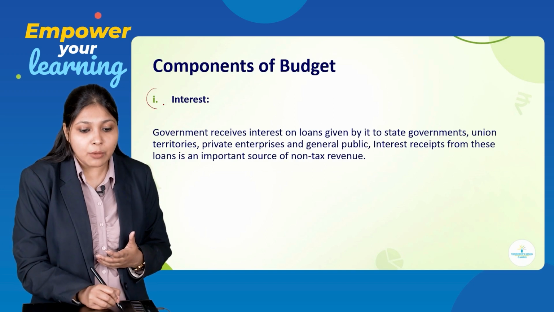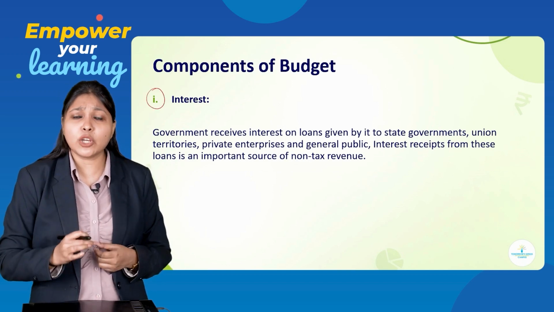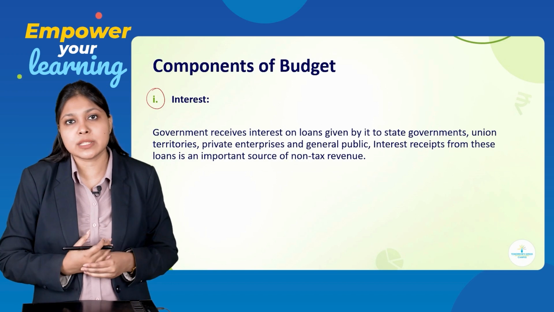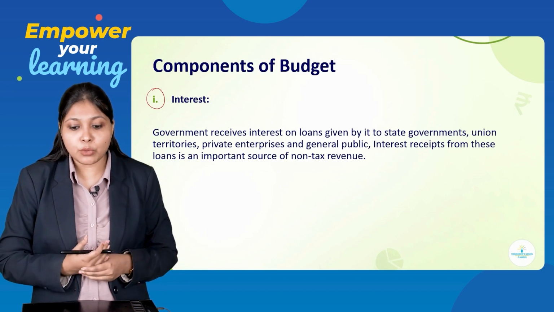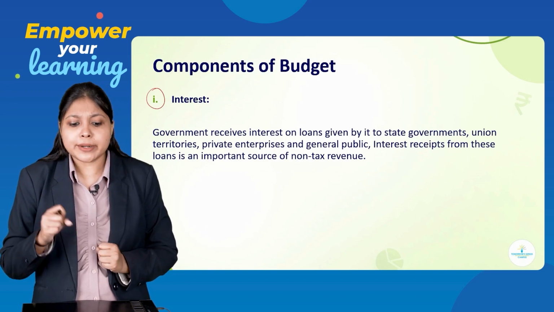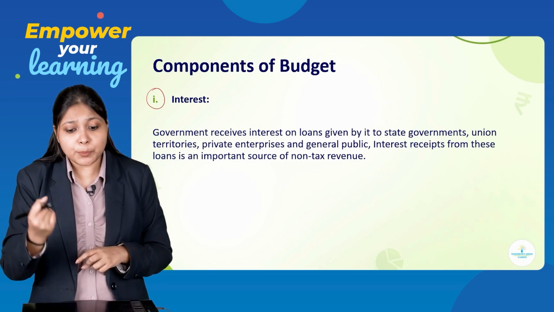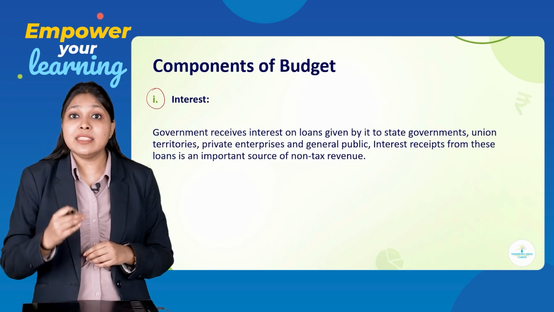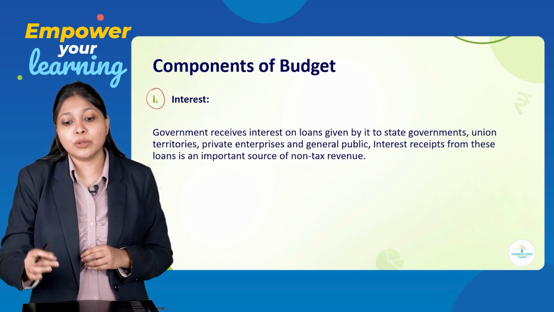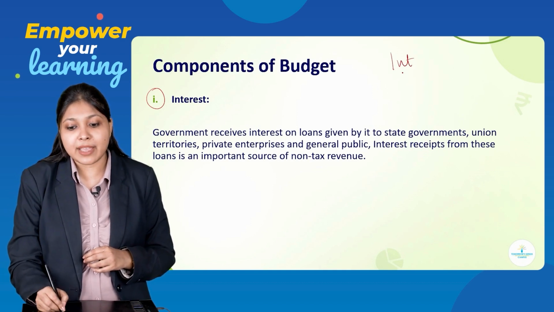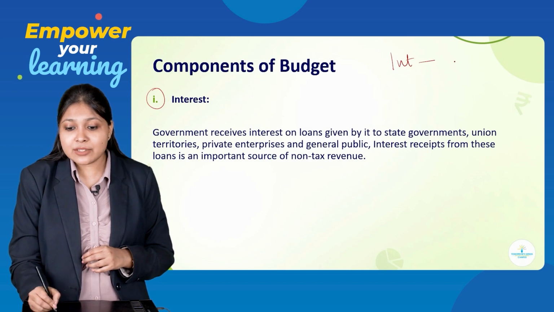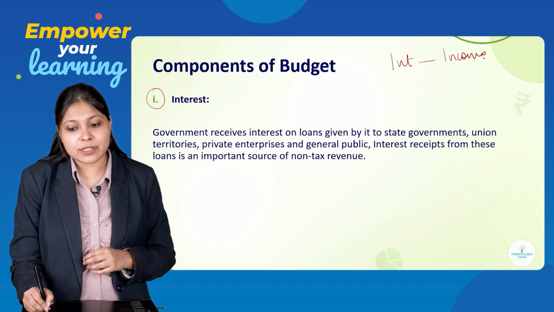First is interest. If the government has given a loan to some state government, union territories, a foreign country or private enterprises, then in return for that loan, the government is going to receive interest. This interest is nothing but income for the government.